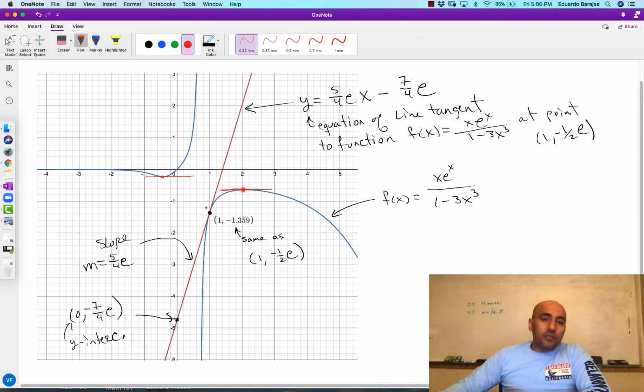So notice that this slope here, when will the derivative be positive, which is the same thing as saying, when will the slopes of the tangent lines be positive? So here is one of them. And if you think about when those tangent lines will be positive, if we move over here, a tangent line over here, a tangent line over there will be negative, right? When will the derivatives be positive?